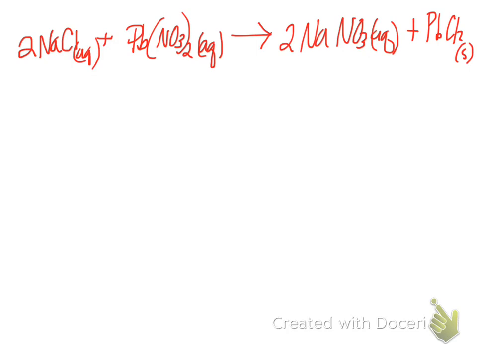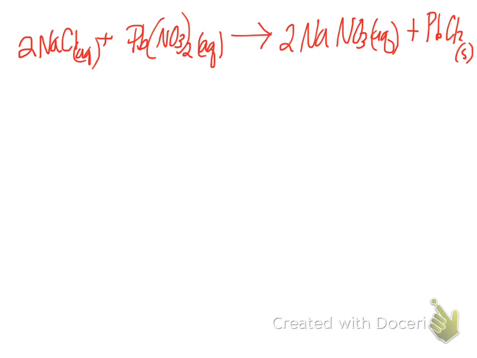And then the next step is anything that is aqueous, we are going to break apart, because in actuality it's not together in a solution, it's actually breaking apart and swimming around as different ions. So we look at this one and we know that sodium chloride is aqueous because it tells us, but we also know that because it is a group 1 metal.